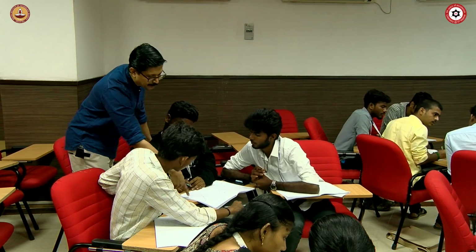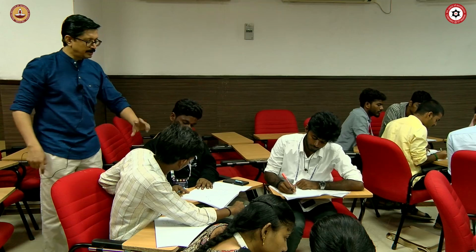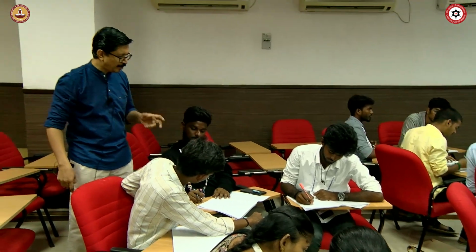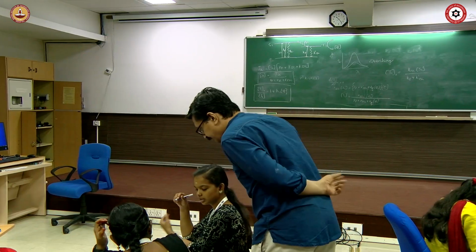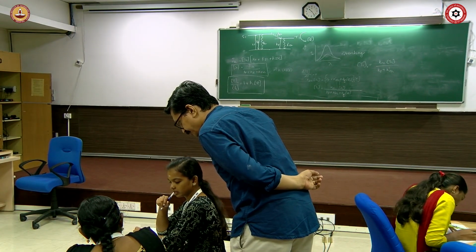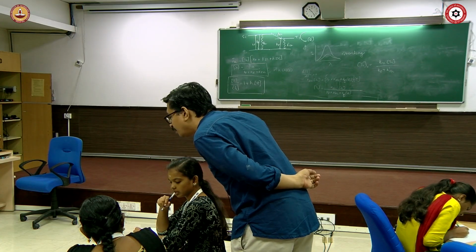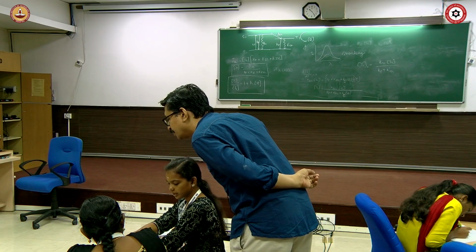Write it step by step, then it will be more clear. When you jump a step, sometimes we make mistakes. Got it? Now one term gets cancelled, no? Which one? KISC into S1.